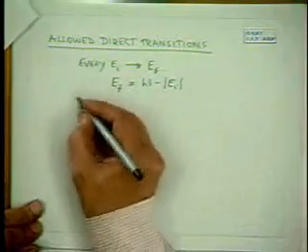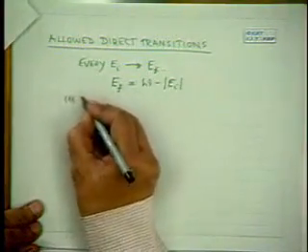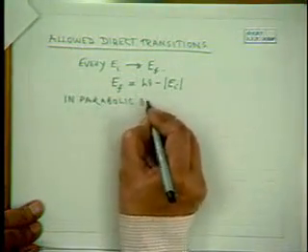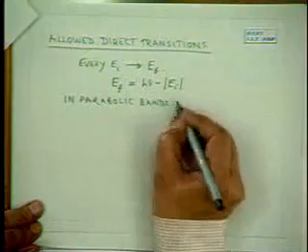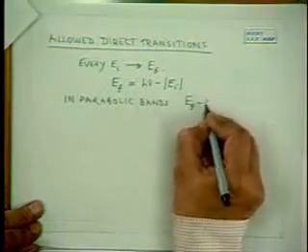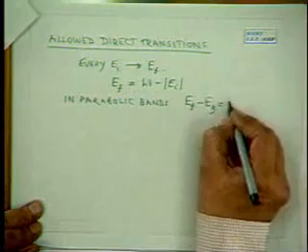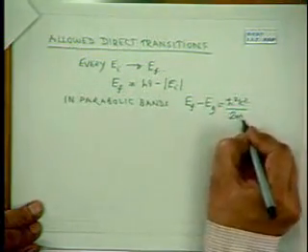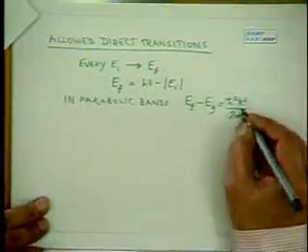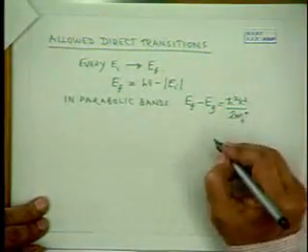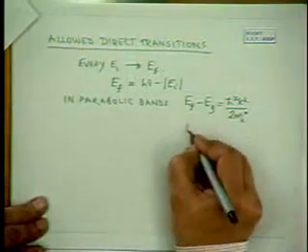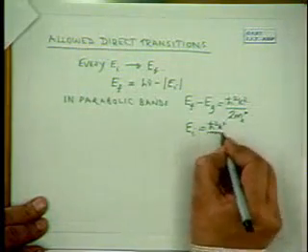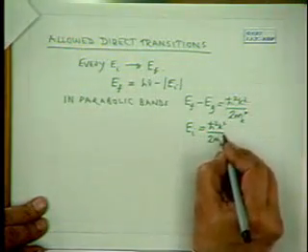We know in parabolic bands EF minus EG is h squared k squared by twice me star, and EI is equal to h squared k squared by twice mh star.